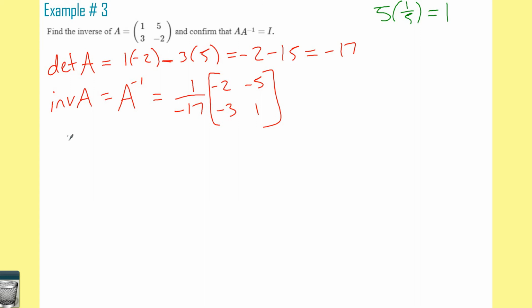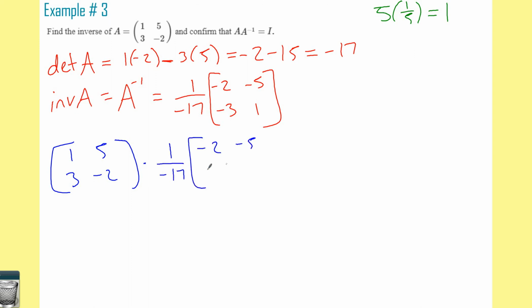So let's do the A matrix times 1 over -17 times this matrix. Now before I distribute that scalar, I'm going to leave that outside, and I'm going to multiply my matrices first. So 1 times -2, and -2, -15, so -17.